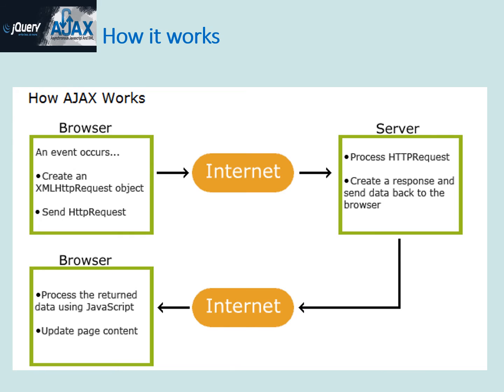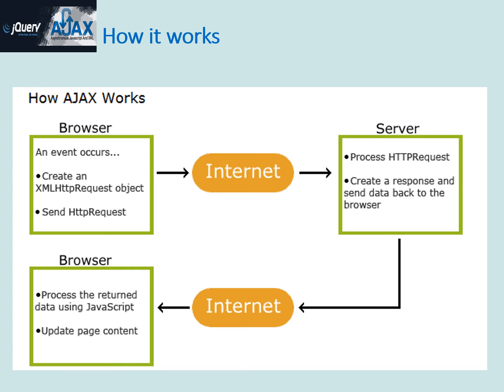Now we can see how Ajax works in a web application. The Internet is a client server architecture. So a client is there as well as a server. The client makes requests and the server handles the requests forwarded by the client.